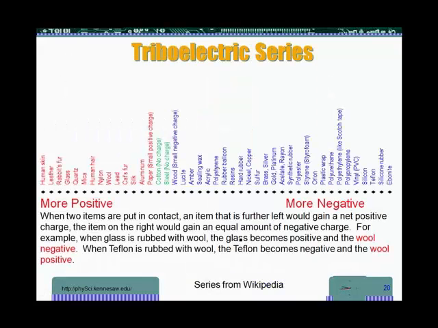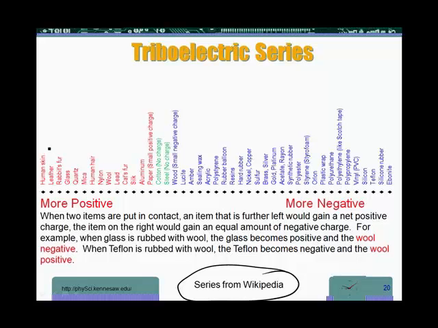Now, I'm not sure how well you see that, but there is a list that you can find everywhere, and there are many lists actually. But this one here I pulled up from Wikipedia after checking several others. What happens here, you have different materials.